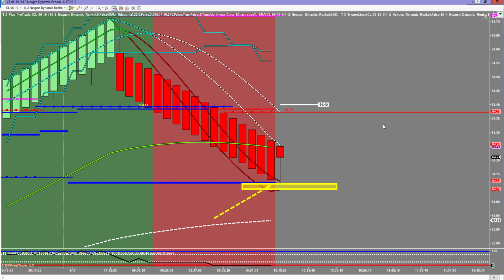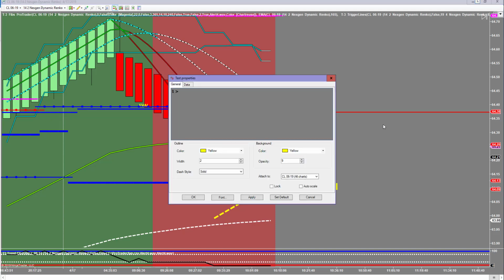Number 1, strong trigger configuration. Number 2, have we... So this is where we're at right now.